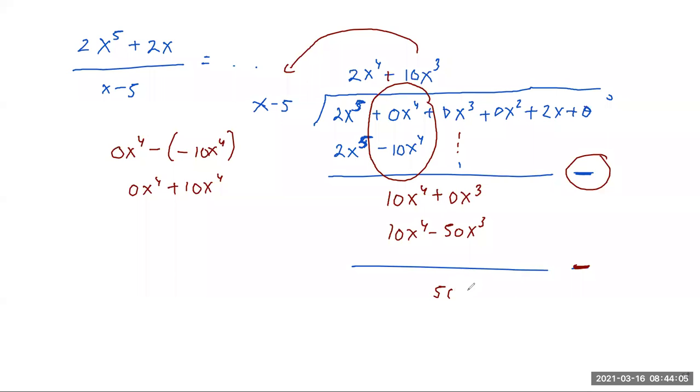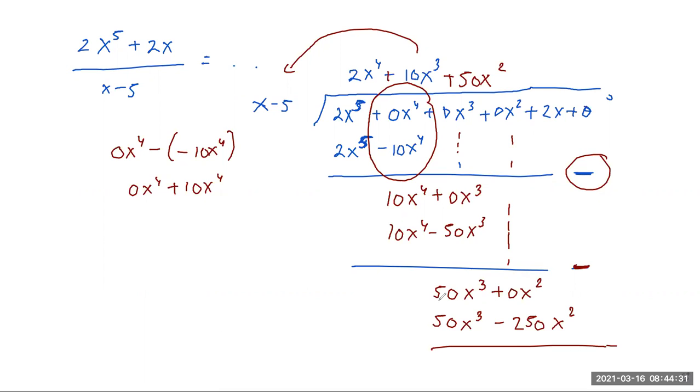So it is positive 50x cubed, and then it drops down here plus 0x squared. So the next one that you need to multiply is 50x squared. And continue forward and minus. I'm just picking a random number here, so it's not very neat. And you just need to move on.